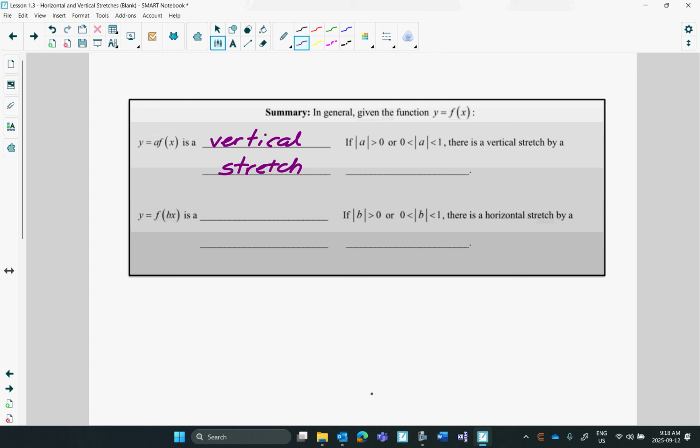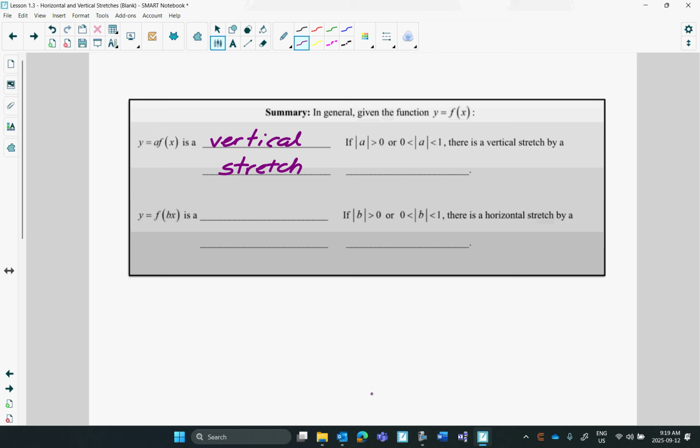Remember, if there's a negative a, the negative means something else. That's why I do absolute value. I am only worried about the positive part of a. If it's bigger than 1, then we multiply everything by a. If it's between 0 and 1, then we multiply everything by whatever fraction it is.